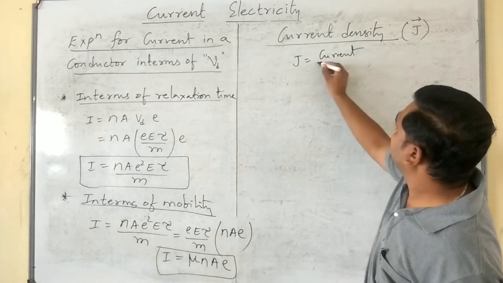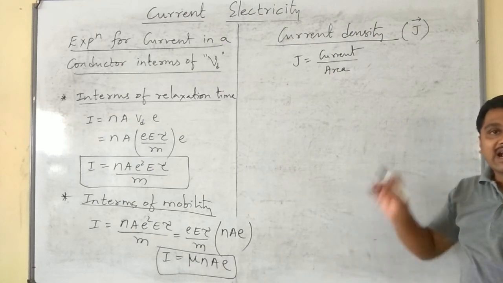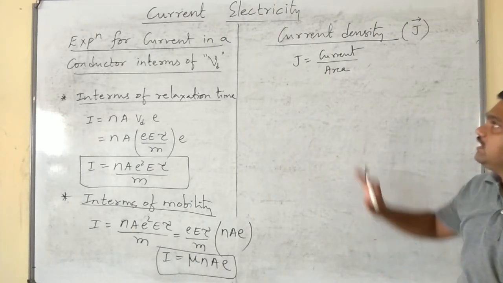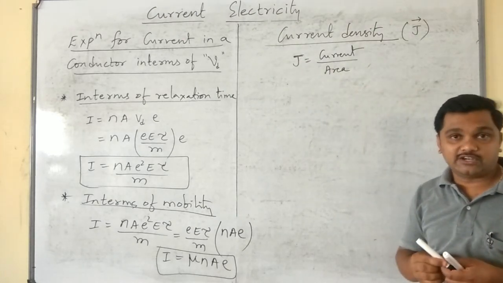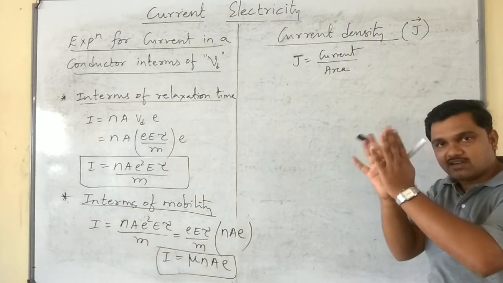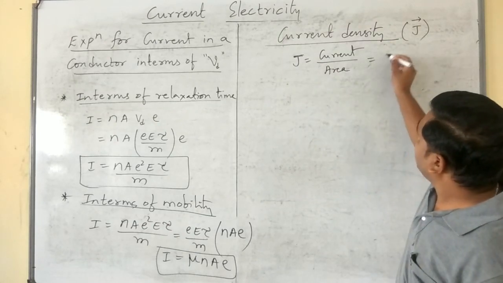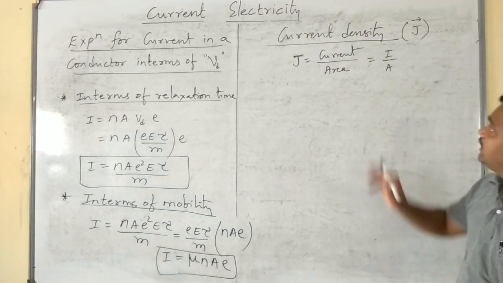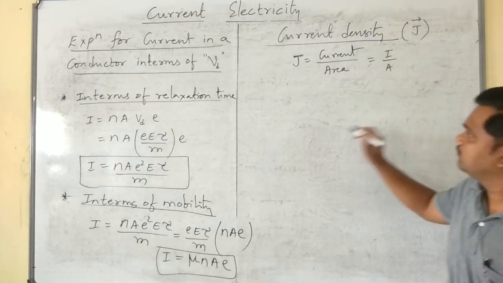Current flowing per unit area of a given conductor is said to be current density at that point. Current density at a point in a conductor is the amount of current flowing per unit area at that particular place. That is I divided by A. What is the SI unit for J? That is ampere per meter square.